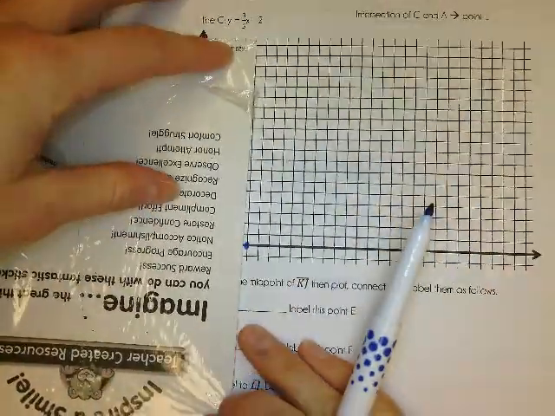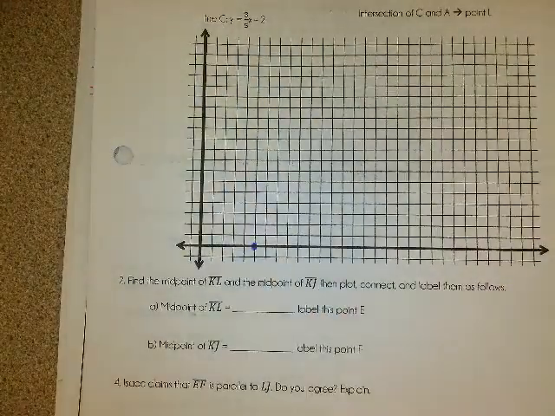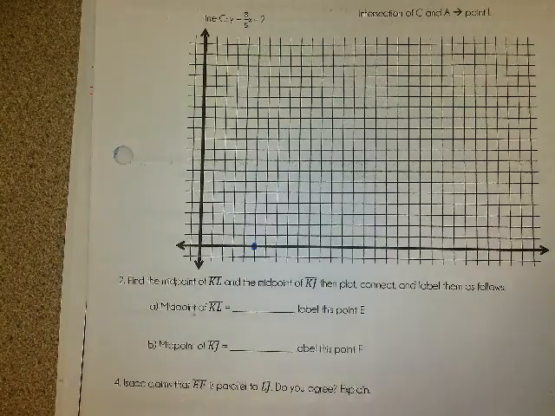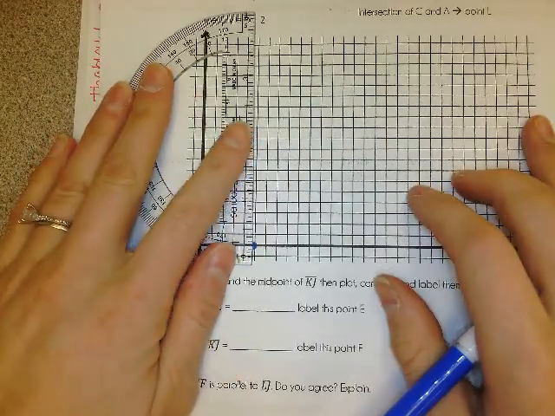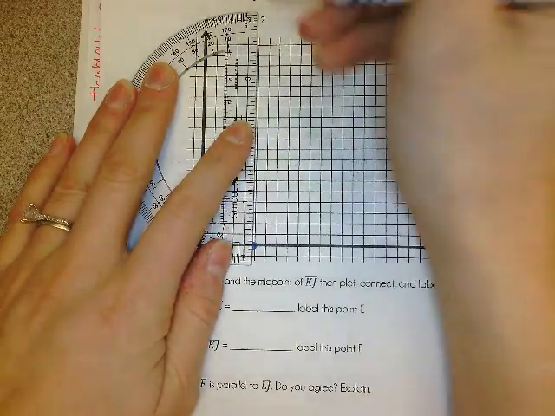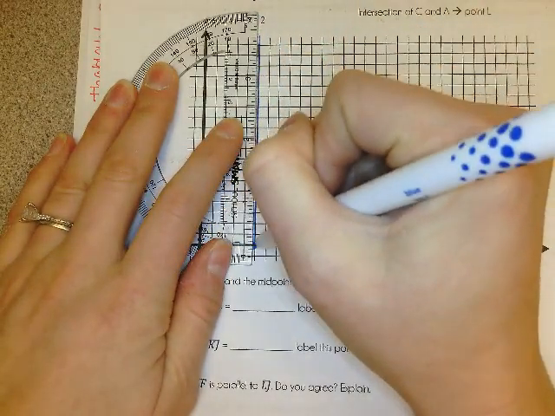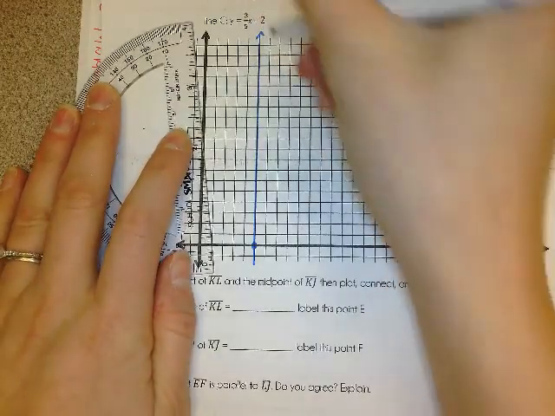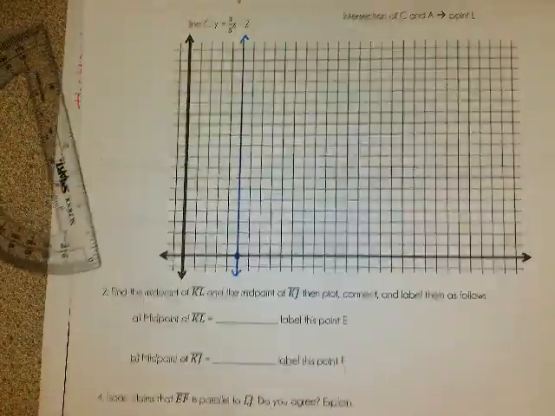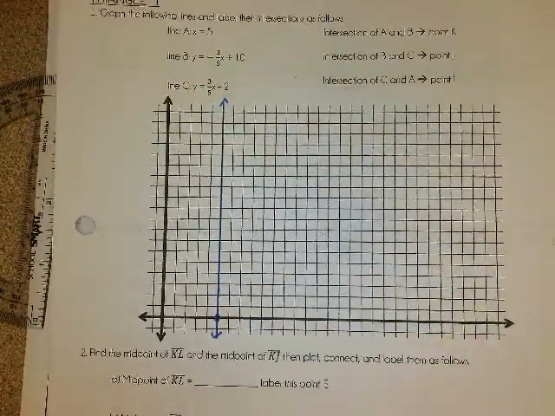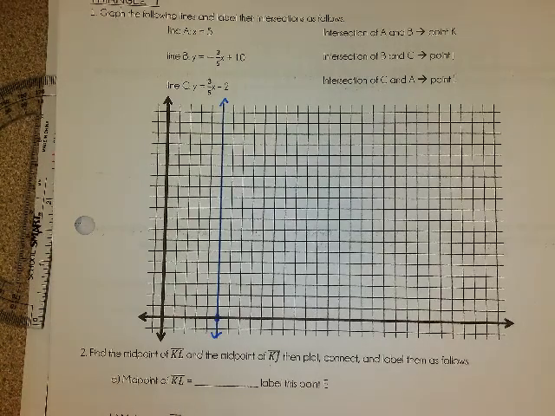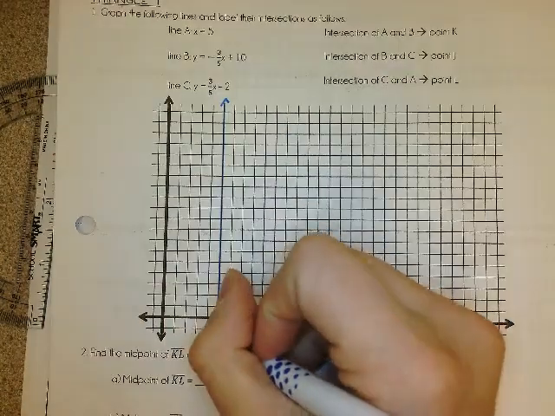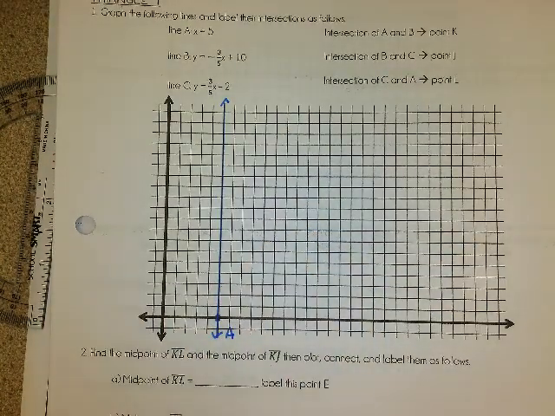This is my line A. Now, label the section of A and B. Oh, we haven't done that yet. Okay, so line A. All right, and then line B.